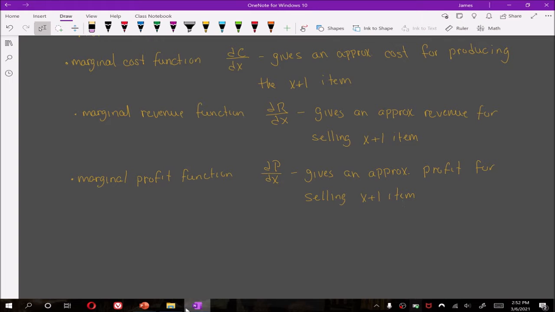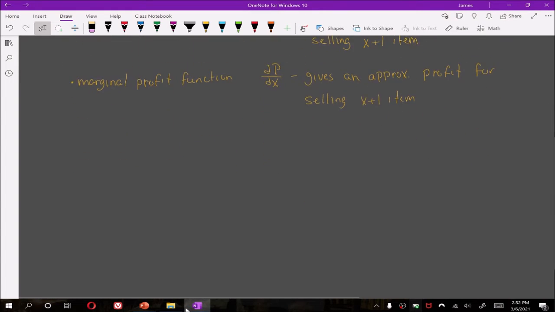We now focus on the average functions. So we have average cost, which is represented as C bar of x, which is simply the cost of producing x units divided by x. So C of x over x.